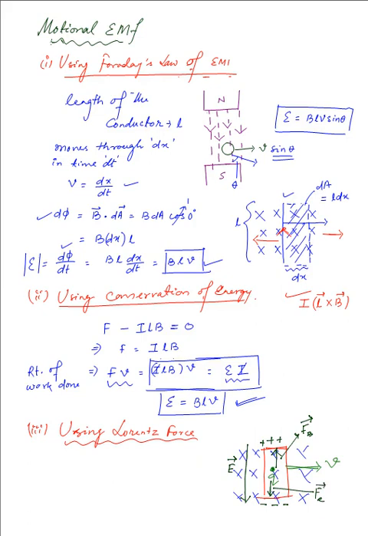Now this force due to the electric field balances the force due to the magnetic field, and the positive charge, or even the electrons, tend to stop. When that is achieved, we have a steady state, and thus Fe is equal to Fb.